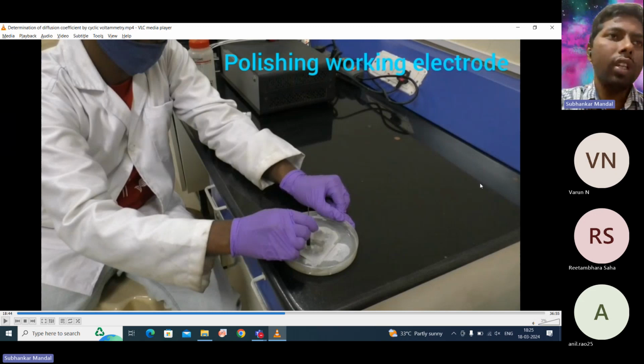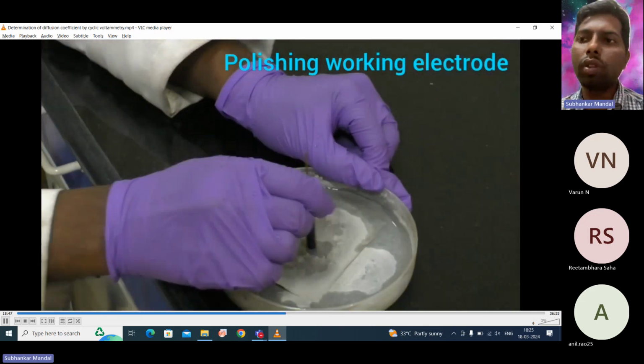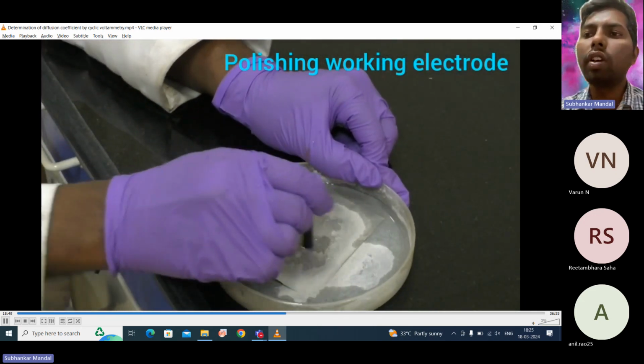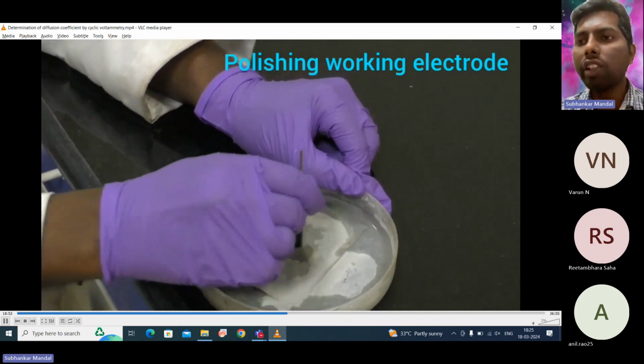Here there is a white powder showing, so that is the alumina powder. We add a little bit of water, and then we clean the working electrode. When cleaning the working electrode, we draw basically a figure 8, an English 8.